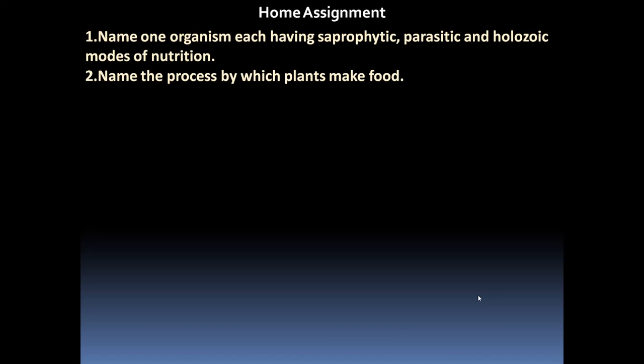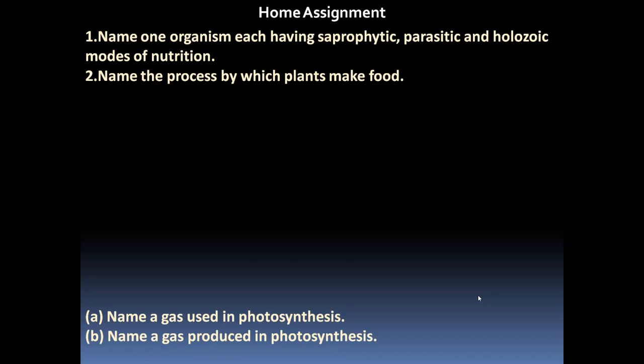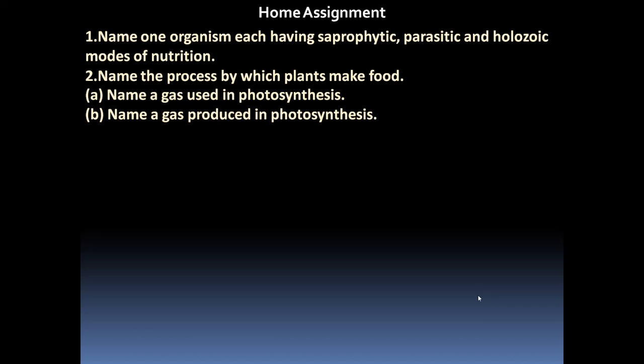Second question: Name the process by which plants make food. Sub-question A: Name a gas required for carrying out photosynthesis. Sub-question B: Name a gas produced in photosynthesis as a product.